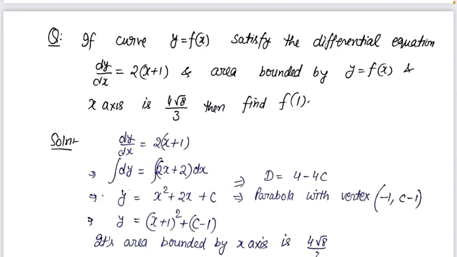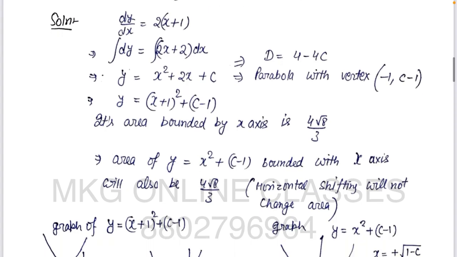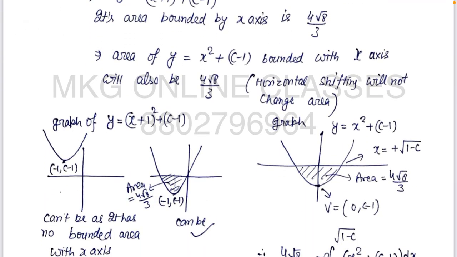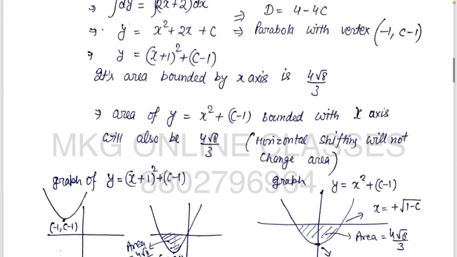Now you can identify this parabola, y equals x plus 1 whole square plus c minus 1. It will be something like this. See, in the leftmost graph, I have put the vertex minus 1 comma c minus 1 in the second quadrant. Then the graph will be like this, because it is an upward opening parabola, the coefficient of x square being positive.